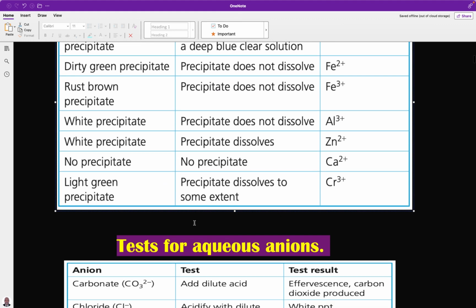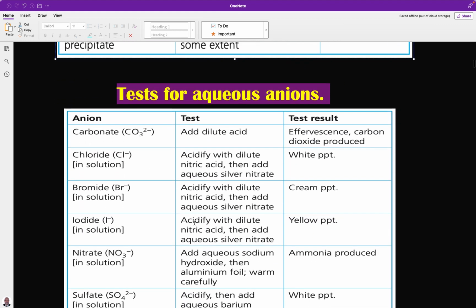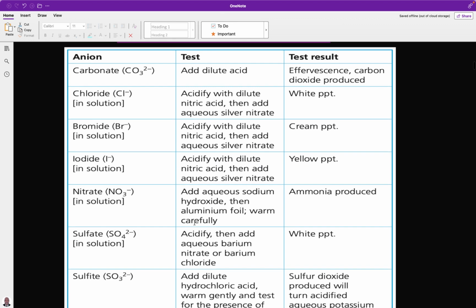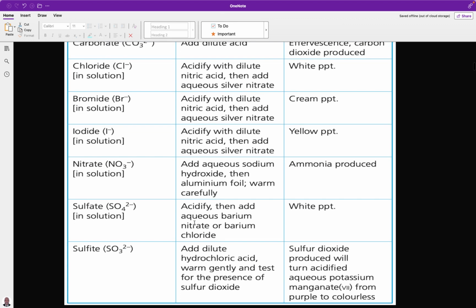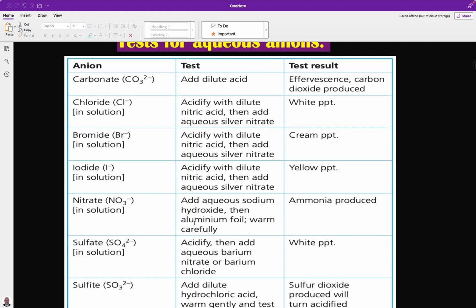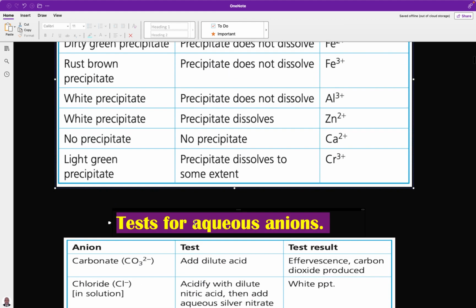And finally, we tested for anions: carbonates, halides, nitrate, sulfate, and sulfite. Because you could be asked to give the test for any halide or nitrate or sulfite, you can use this information in describing the test for them.